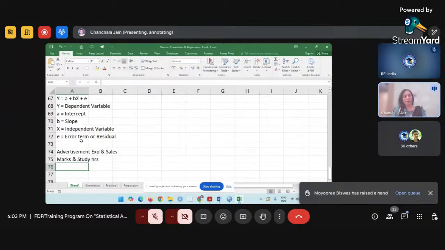Now for that month, the sales are recorded by the company, and then we can compare the actual sales and the predicted sales, right? If some deviation is coming, that is known as error. So it is actual minus predicted or forecasted. This is known as error, right? If some difference is coming in these two figures, we can say that is known as the error or the residual. Is it okay?